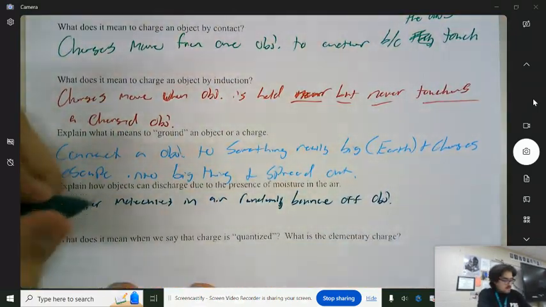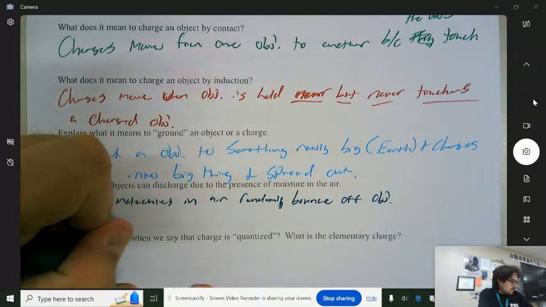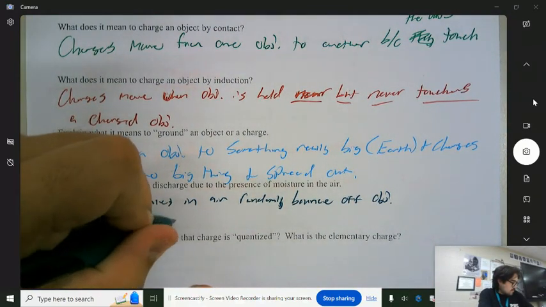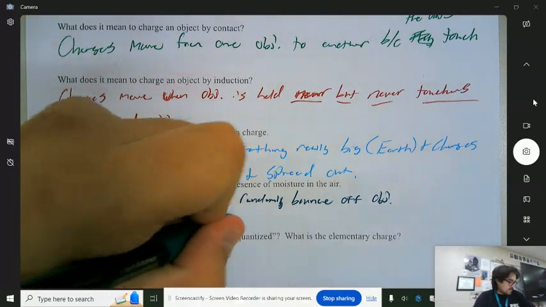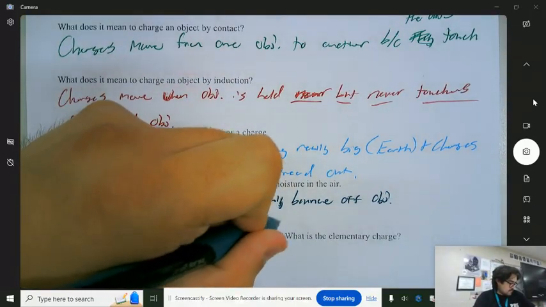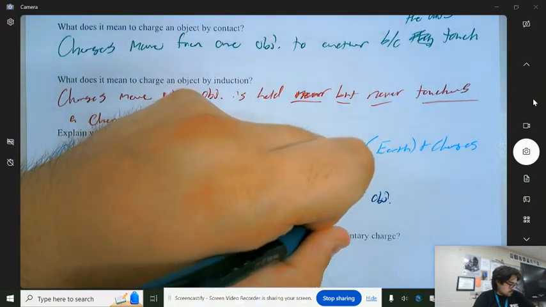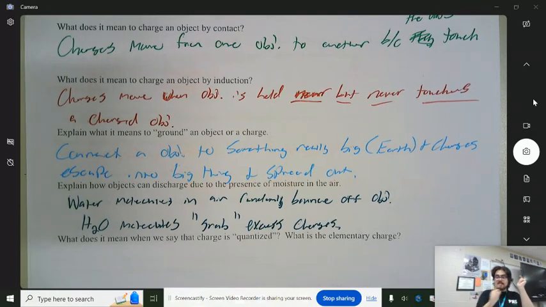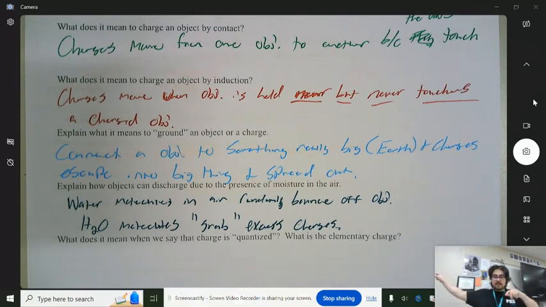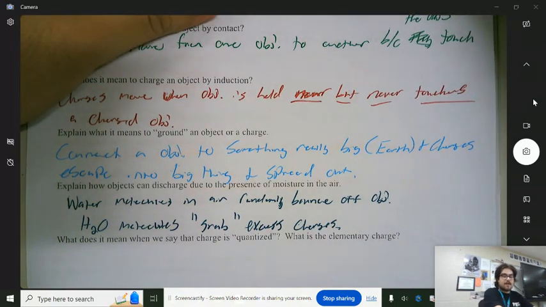The H2O molecules, when they collide with the object, kind of grab the excess charges off of them. So if the object is charged, an H2O molecule comes in, boom, takes some of the excess charge, and then leaves, right? And this is happening over and over again. The more humid things are, the more molecules there are, which is the greater chance of this phenomenon happening, okay?